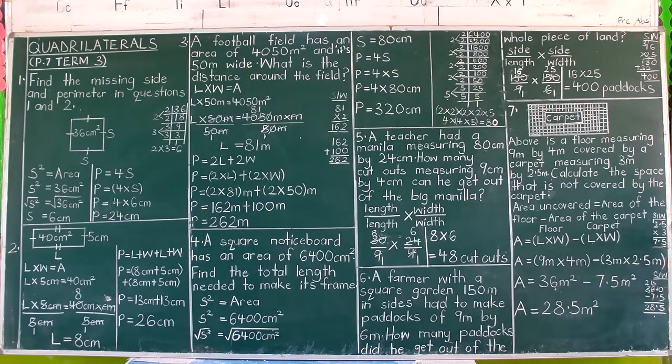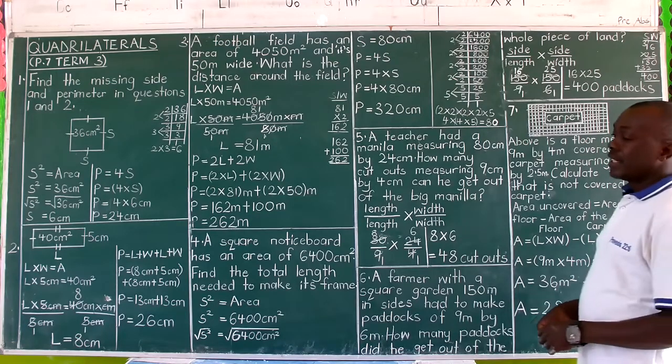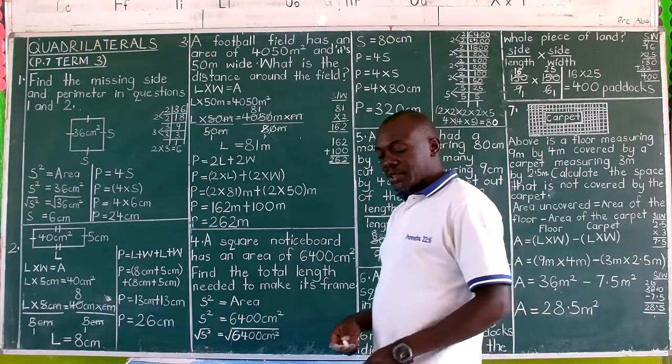That one leaves 3 with a 2. Then 1 is equal to 10, and 10 plus 5 gets 15. 15 minus 7 gets 8, and then 2 comes down. So the area of the floor that is not covered by the carpet equals 28.5 square meters.